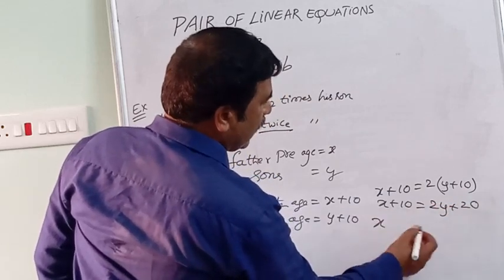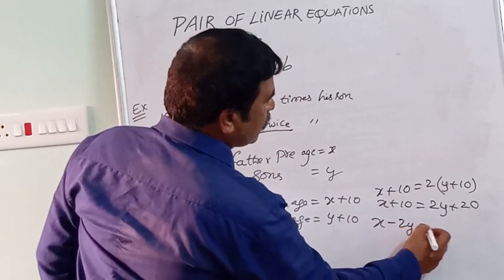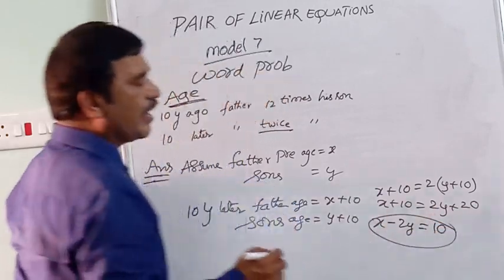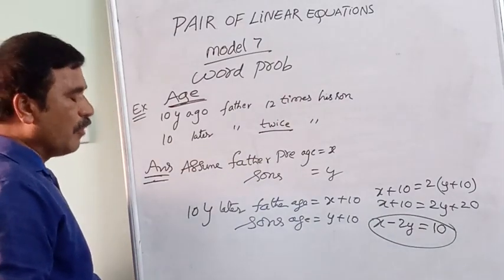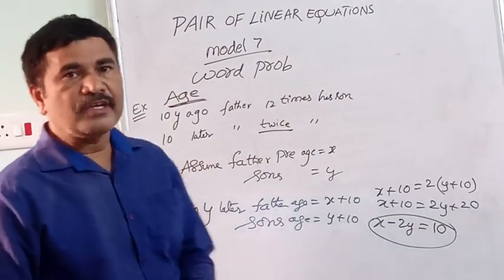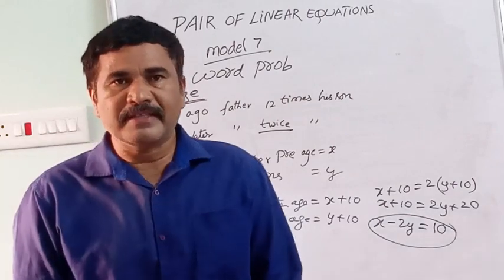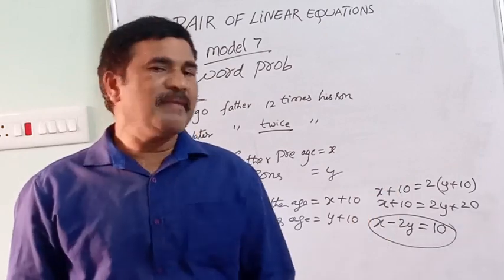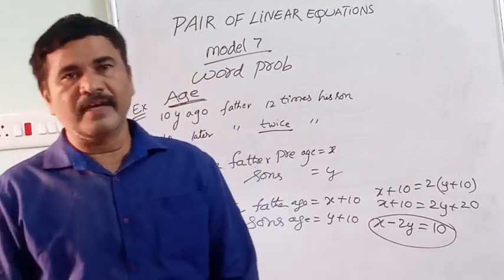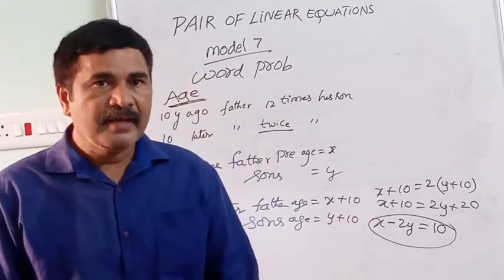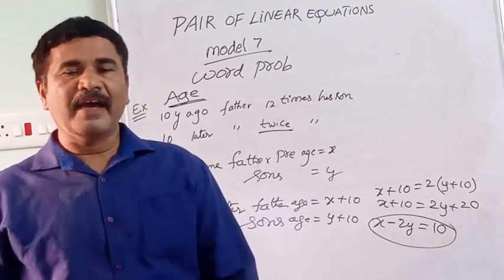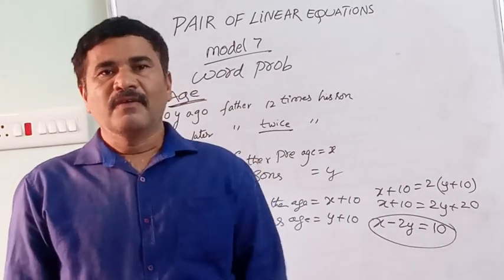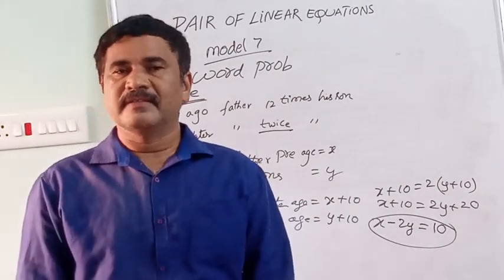Bring everything to one side, the equation becomes x minus 2y is equal to, sending 10 this side, it becomes 10. This is equation 2. Now you have both equation 1 and equation 2. Therefore, solve these two equations. You will get x and y. In the problem, they will not mention any method. It is your choice. Solve by any method, get x and y, and write the final answer: x means the father's age is this many years and y is the son's age, this many years.